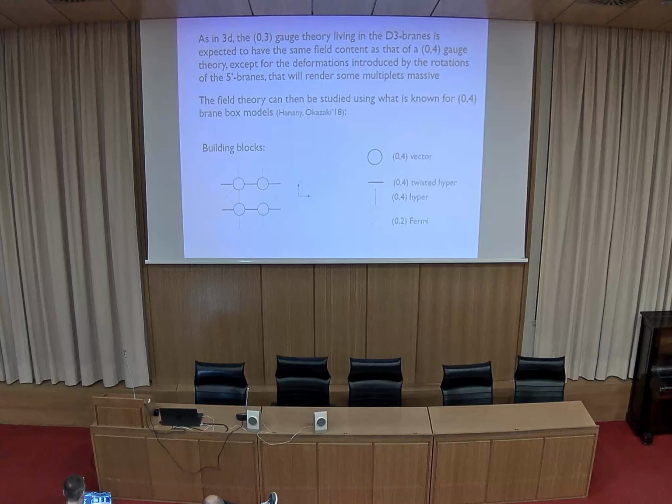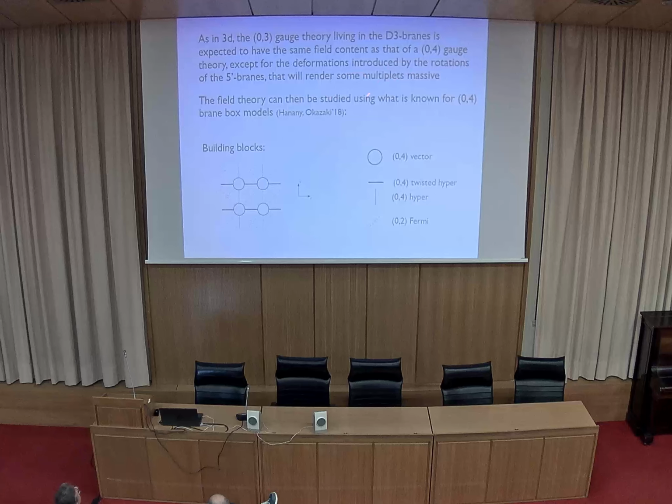It is a complicated one, a brane box model, and more. They preserve (0,3) supersymmetry, and not much is known about 2D (0,3) gauge theories. But, luckily, as it happens in ABJM, you expect that the field content is going to be the same as for (0,4) gauge theories, except for the deformations introduced by the rotations of the branes.